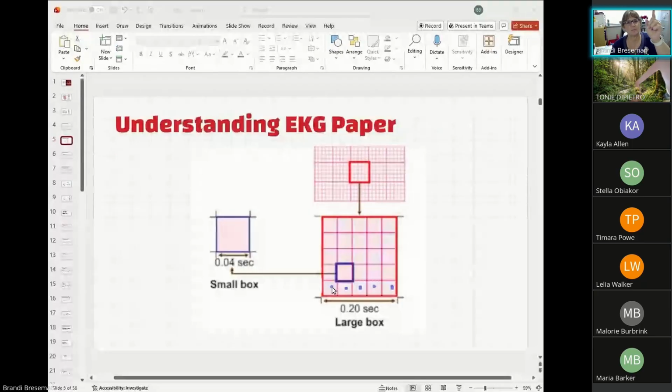So you just mark from one spot to the next spot and count on your electronic screen, which makes it a little easier because the lines are easier to see. But that is how we get all our time increments when we are talking about EKGs.